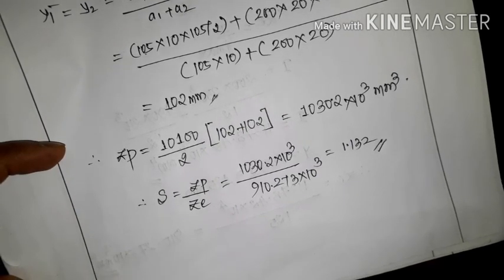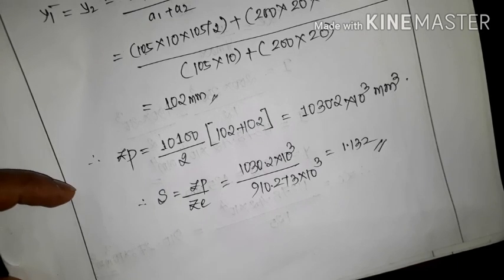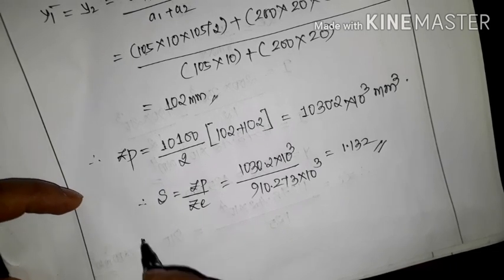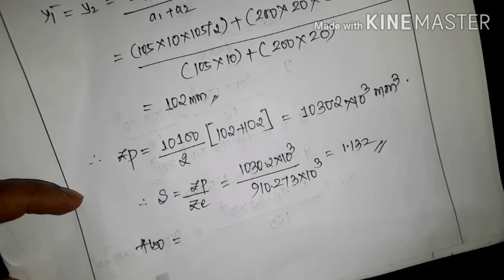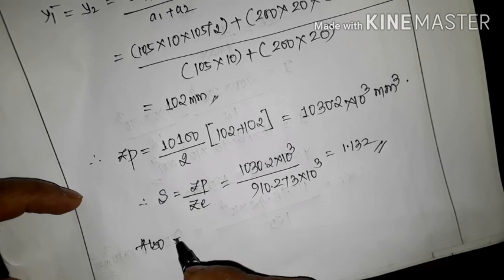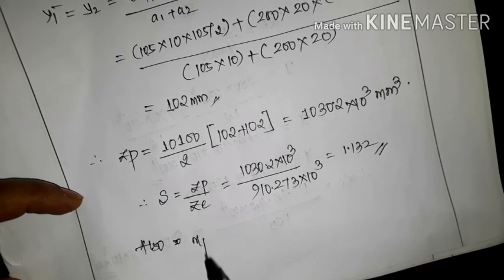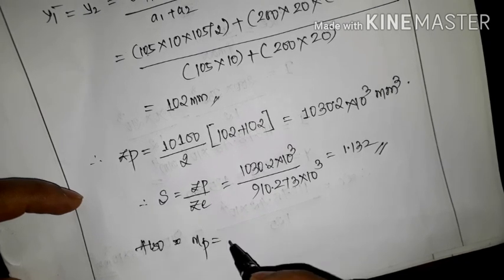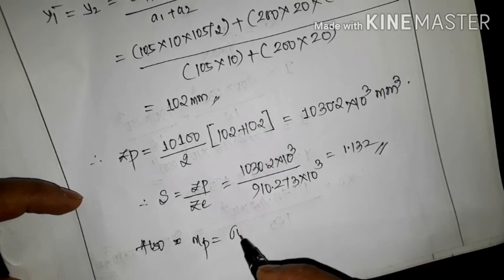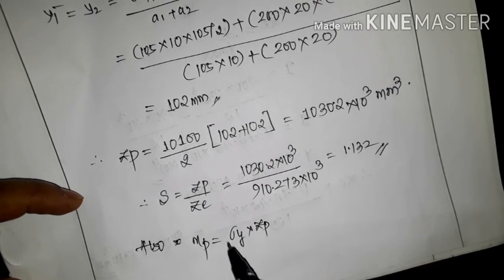Then also, Mp is equal to sigma y into Zp.